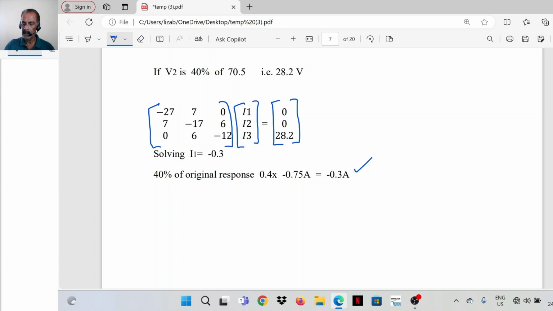That is, the theorem states that the ratio of excitation to response is the same even though the positions of excitation and response are interchanged. Now here in the second case, we applied 40% of the excitation and the response we got is 40% of the response which we got the first time. So the ratio remains constant. That is the reciprocity theorem.